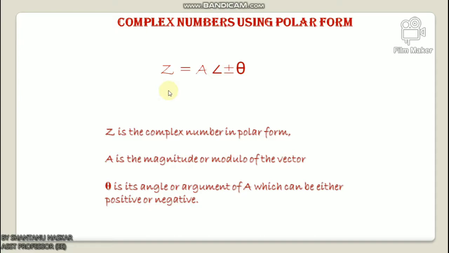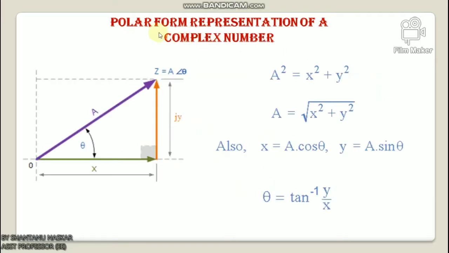So the magnitude and angle of the point still remain the same as for the rectangular form. This time in polar form, the location of the point is represented in triangular form as shown here.